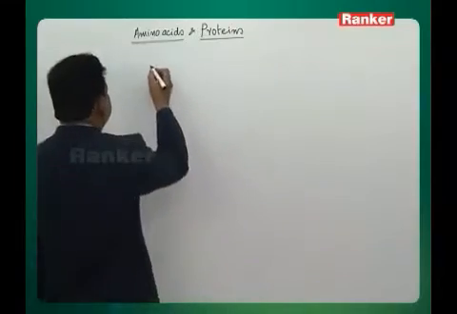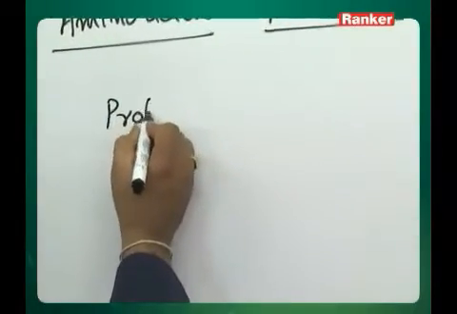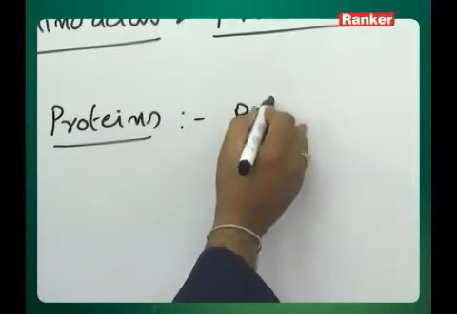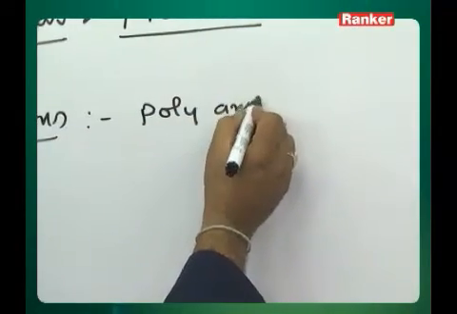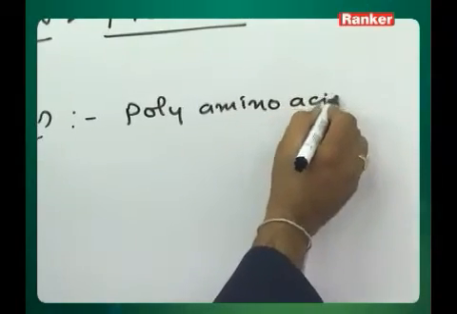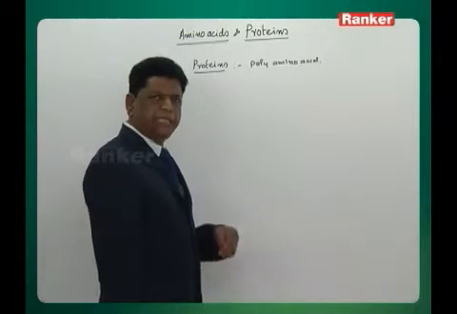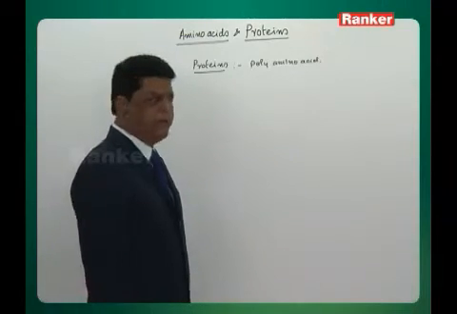Now, let us take some points specifically on proteins. Proteins are defined as polyamino acids. We have already seen that molecules containing one amino group and one acid group are called amino acids.